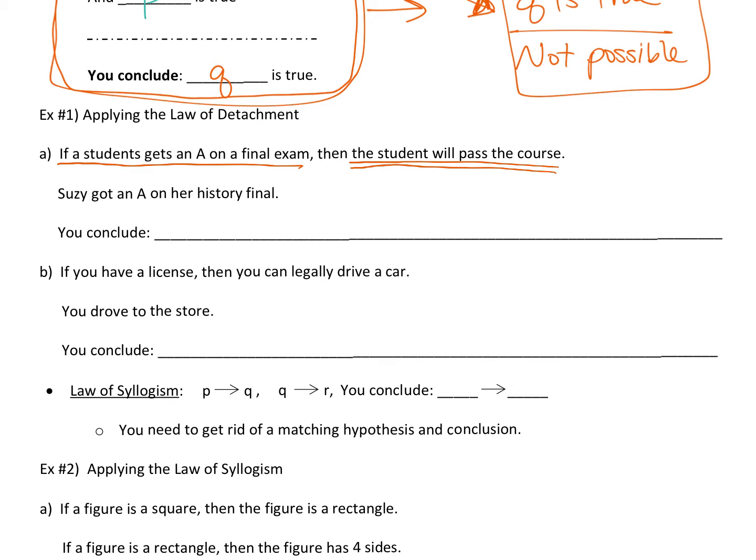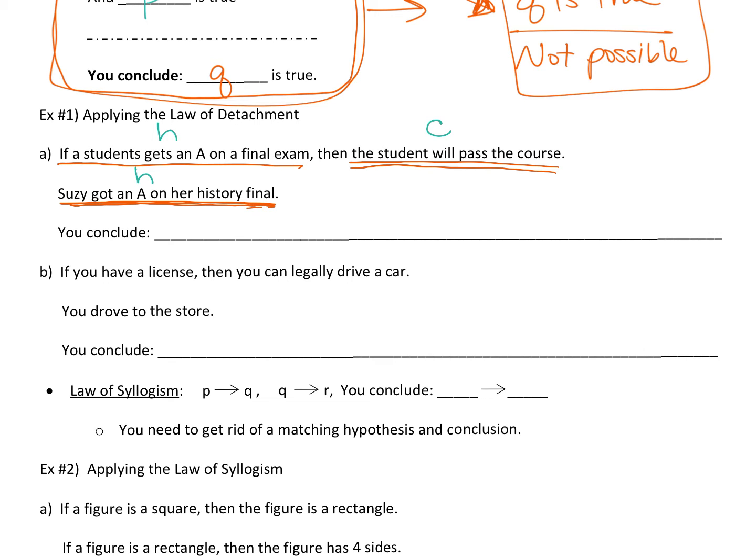Then it says, Susie got an A on her history final. Is that the hypothesis or conclusion being spit back to us? It's the hypothesis, right? So we're saying the hypothesis is true. Susie got an A. What can you conclude?